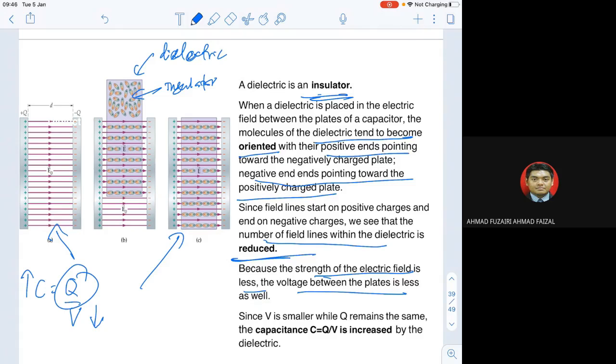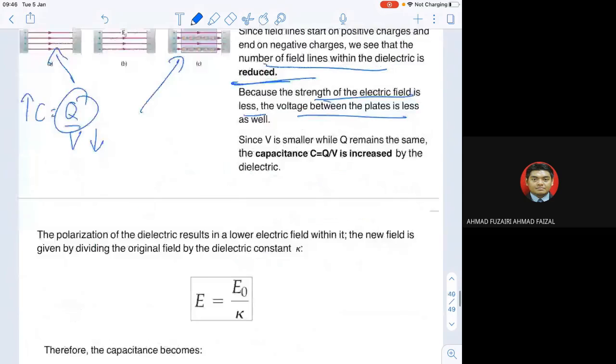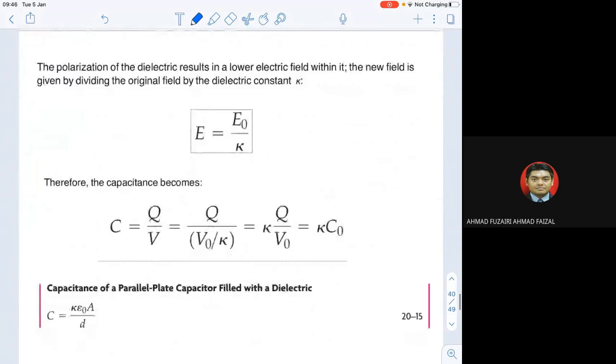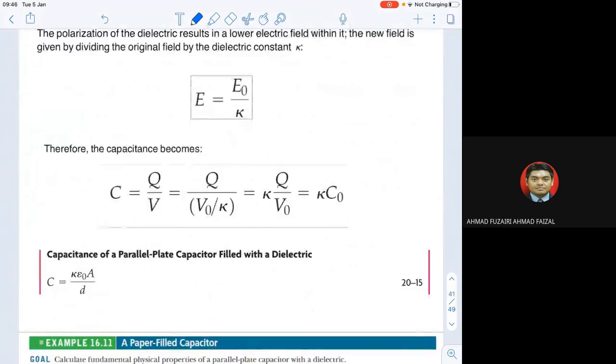So when the capacitance increases, we are trying to maximize the capacitance. So in this case, when we put the dielectric, we should change a little bit in terms of capacitance.